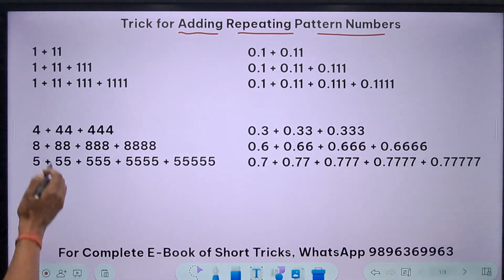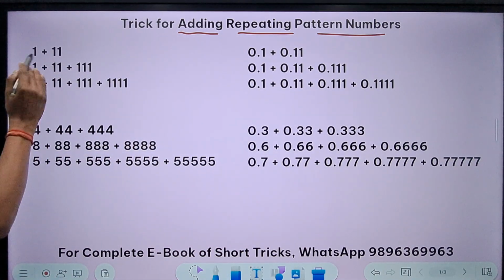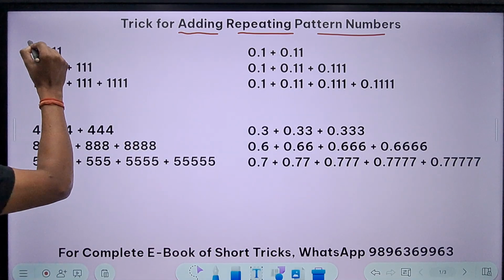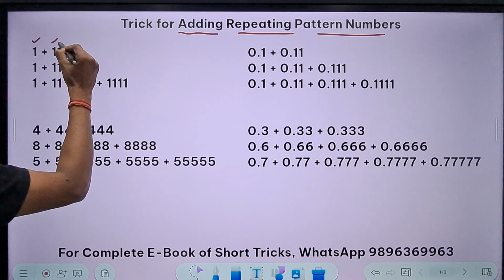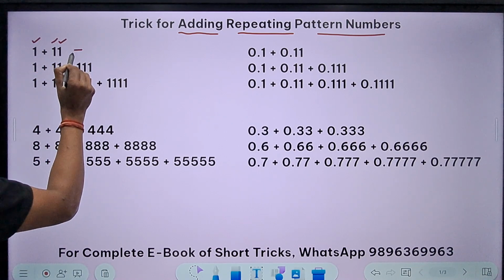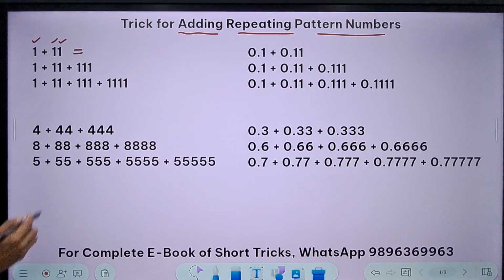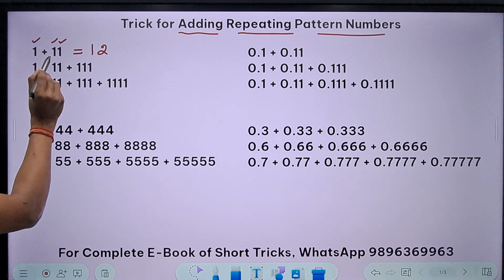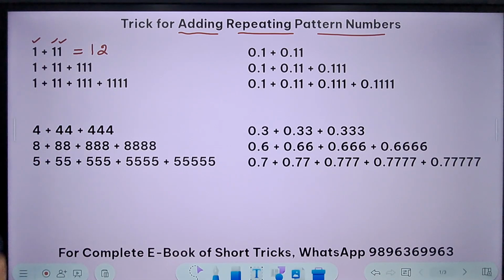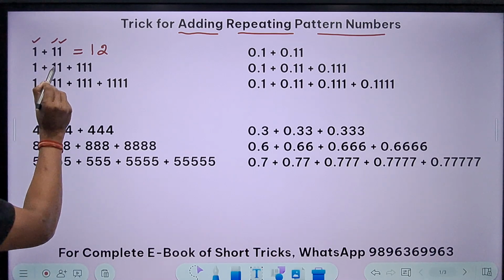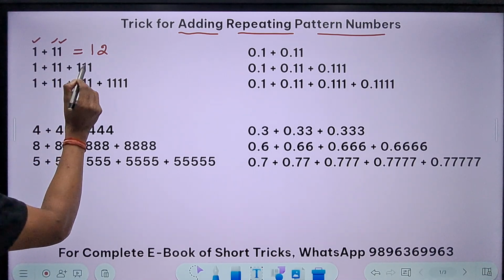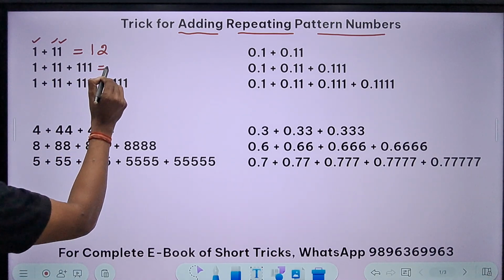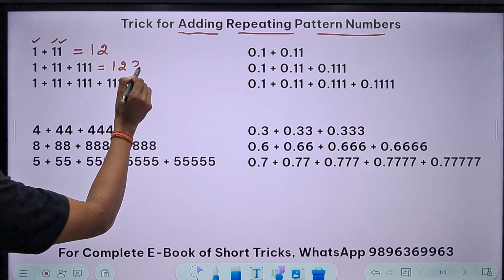Now suppose we are adding numbers containing ones. So here we have one and then we have two ones. So you just have to write the counting 1, 2. Why did I stop at 2? Because there are at most two ones. Likewise, if I continue this pattern and write this series up to 3 ones, my answer will be 1, 2, 3.